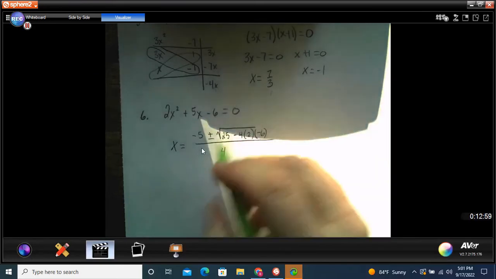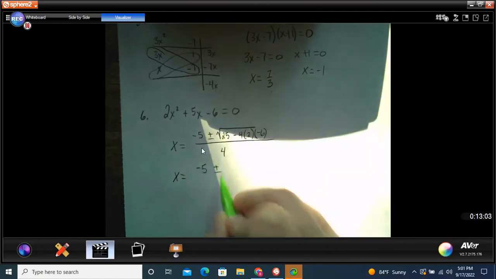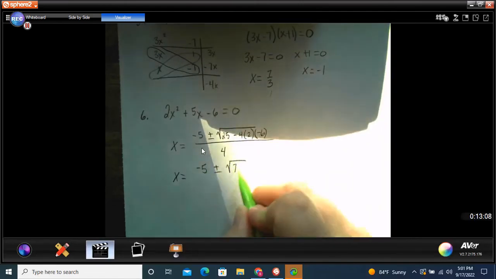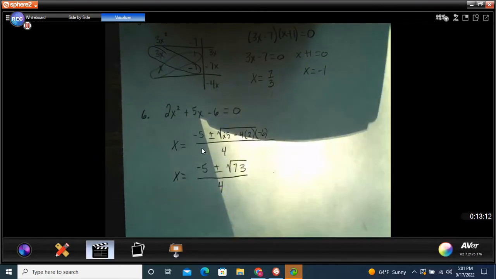And 25 plus 48 is 73, so I get negative 5 plus or minus square root of 73, which I believe is prime. So I can't simplify that. That's not going to become a fraction that I can reduce. Okay, that's the ball game right there.